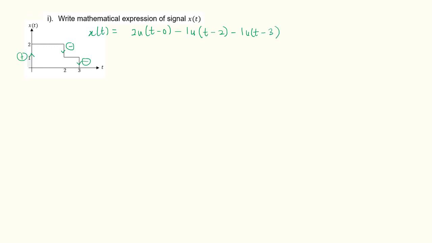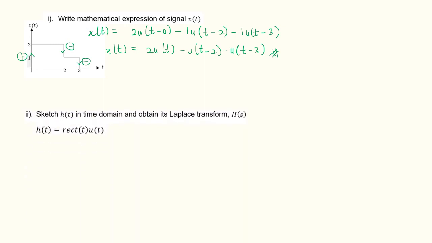So this is your xt. Simplify the equation, so xt equal to 2ut minus ut minus 2 minus ut minus 3.